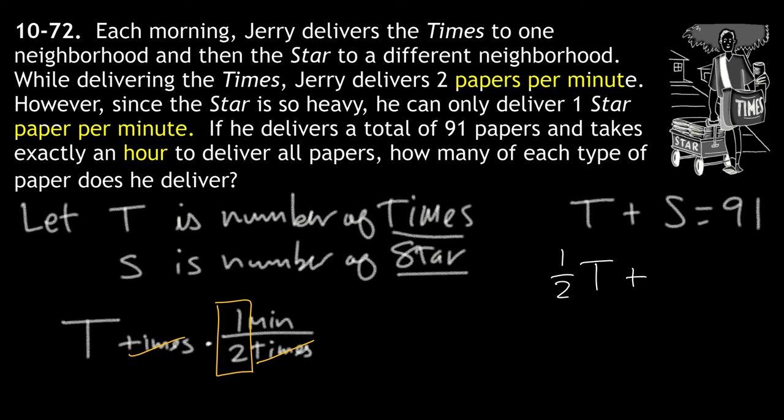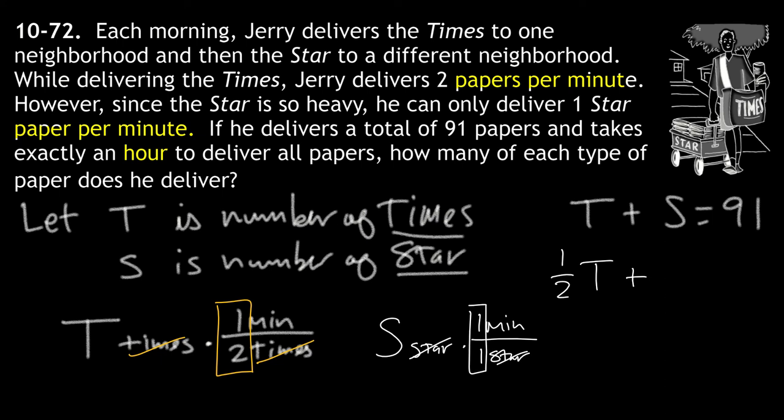plus. Now for the Stars, it's a little more straightforward. I've got S, and those are Star papers. In 1 minute, I can only deliver one of the Star papers. So these units are gone and I'm left with S minutes, because this is 1/1.